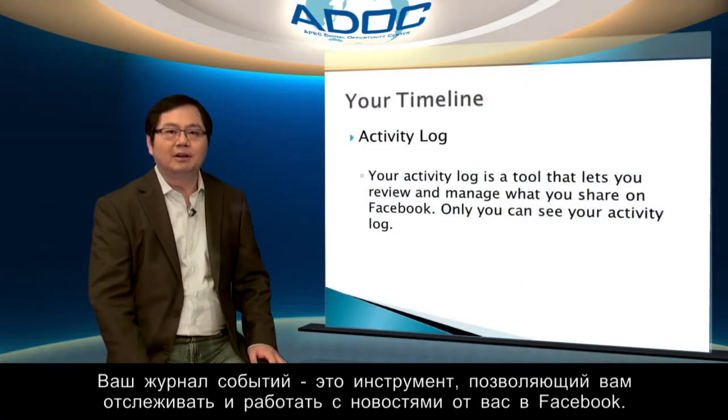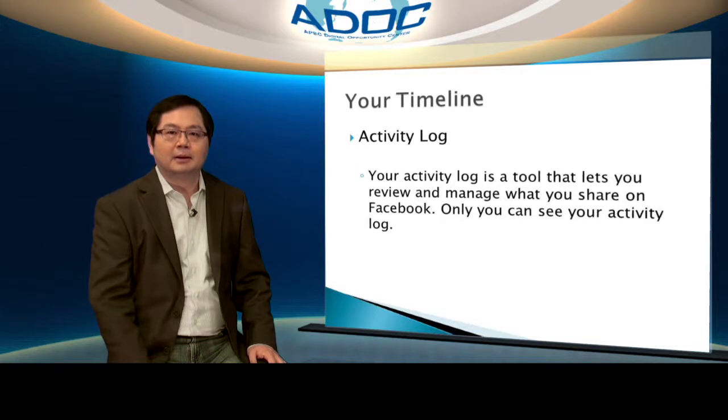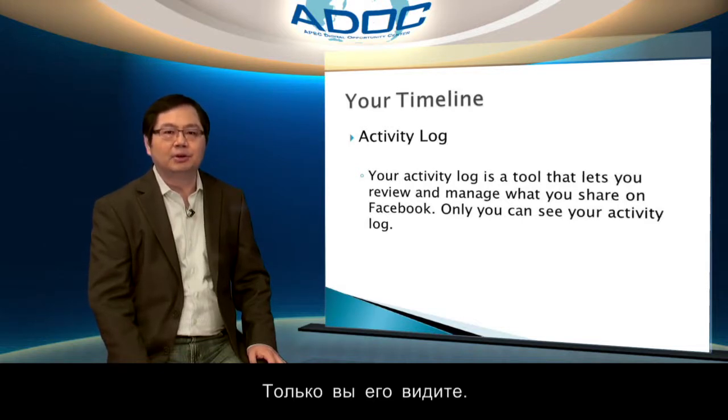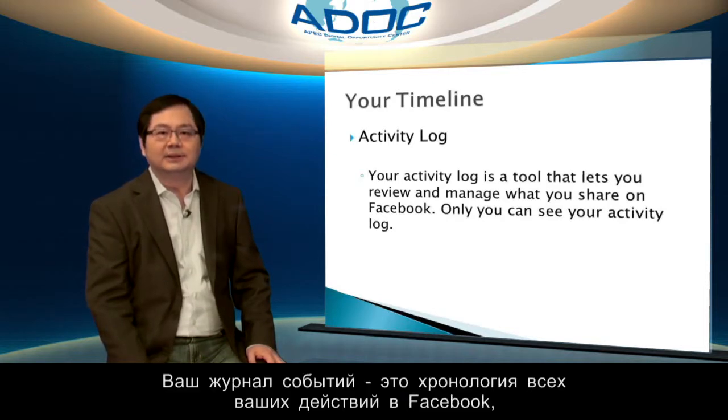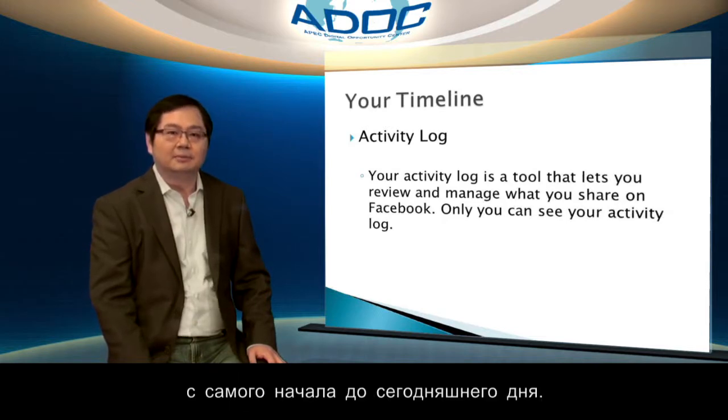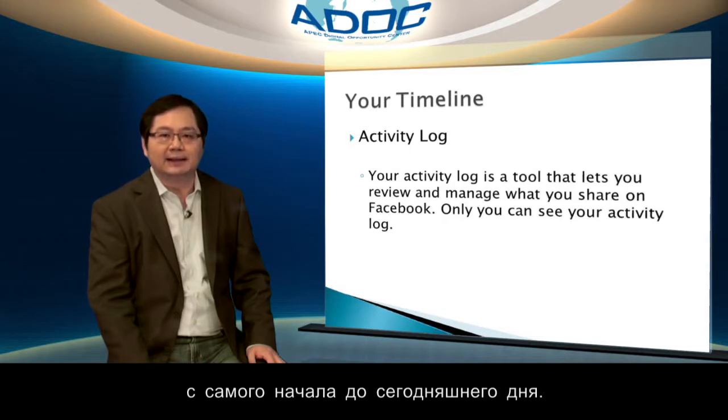Your activity log is a tool that lets you review and manage what you share on Facebook. Only you can see your activity log. Your activity log is a list of your posts and activity from today back to the very beginning.